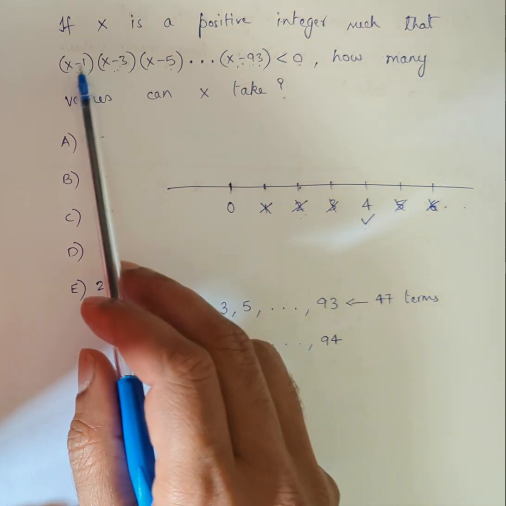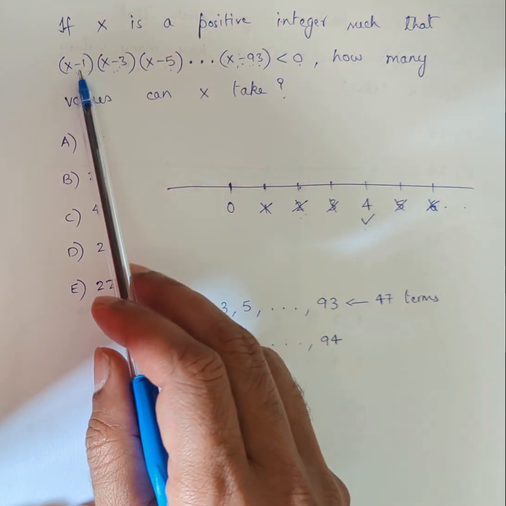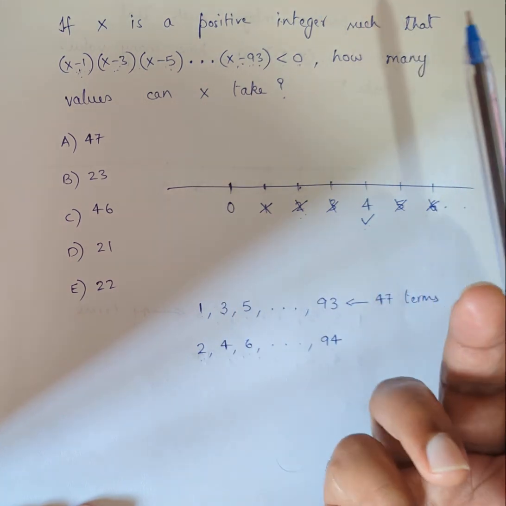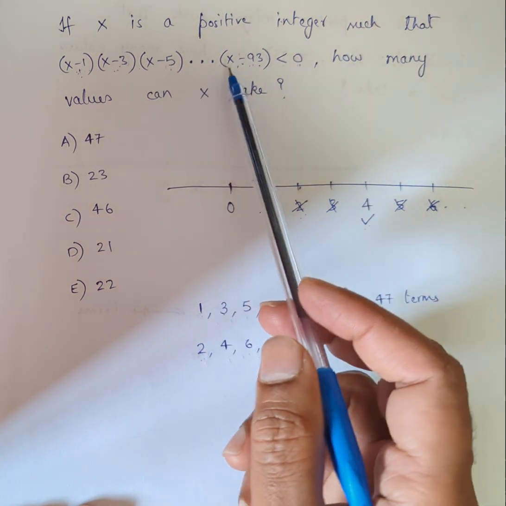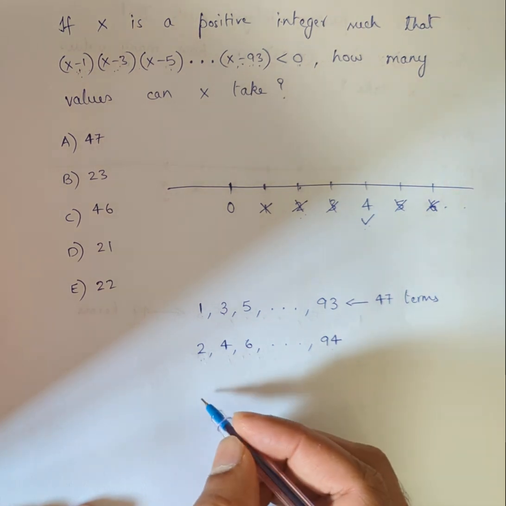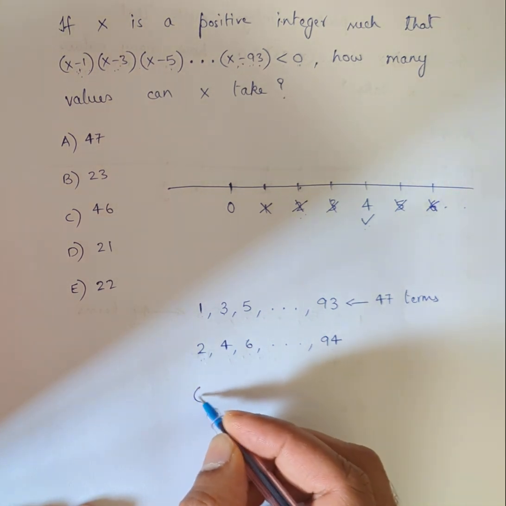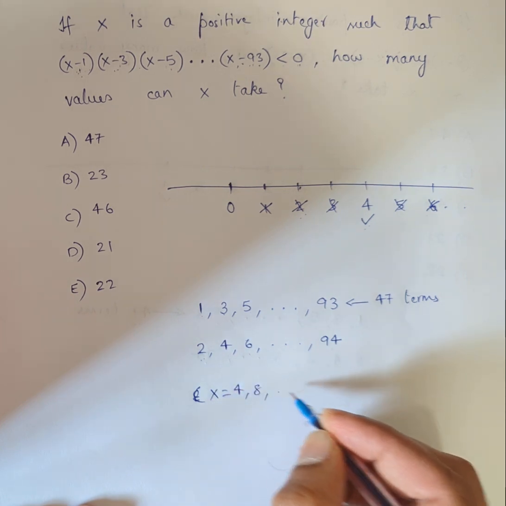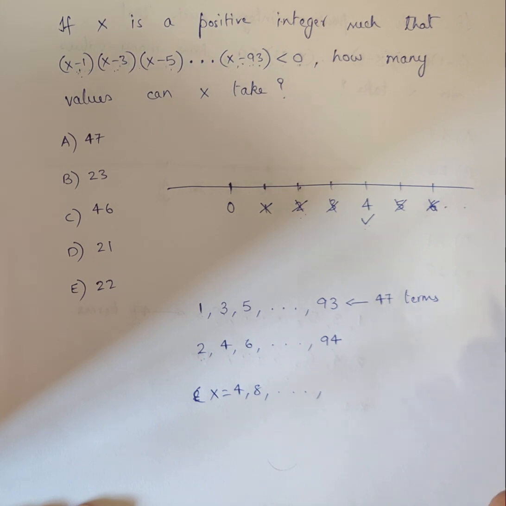Because when you plug 8, there will be 4 factors, x minus 1, x minus 3, x minus 5, x minus 7, that are going to be positive, and the other 43 factors will be negative. So it looks like I can have x equal to 4, x equal to 8, and so on. And how far can I go?